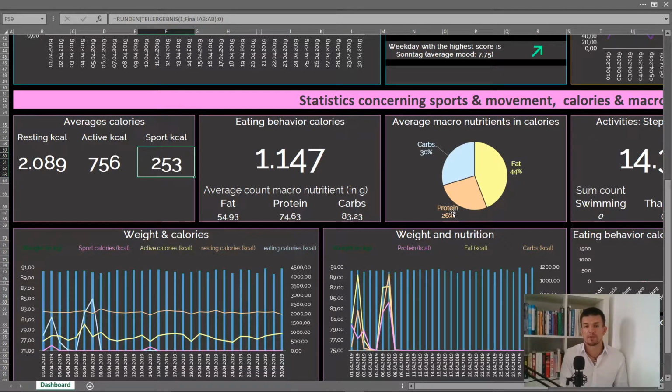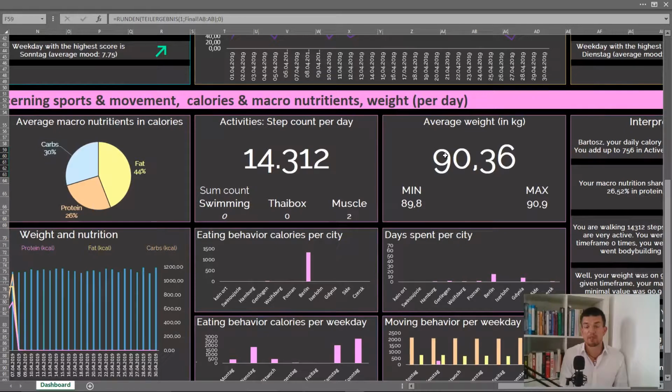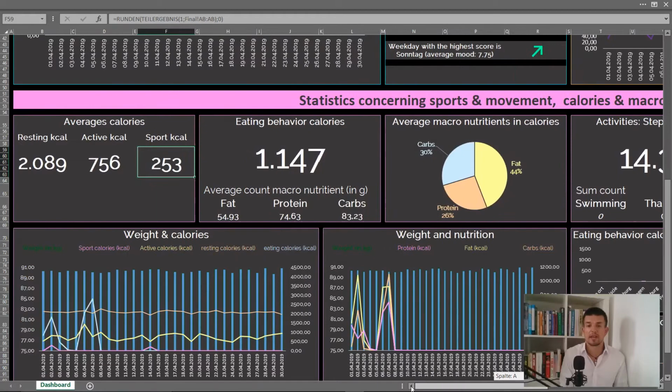Carbs was 30%, protein 26%, fat 44% in calories, and my average weight was 90 kilograms. So I'm above average when it comes to my weight, above average when it comes to my carbs share, and below average when it comes to sports.